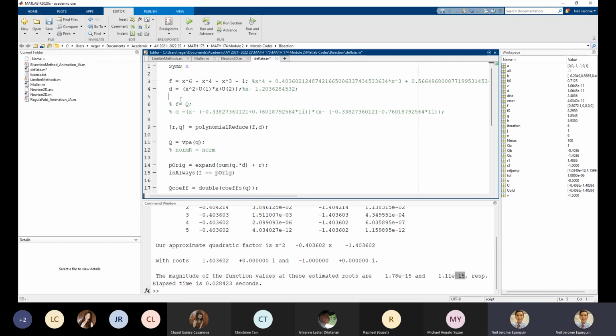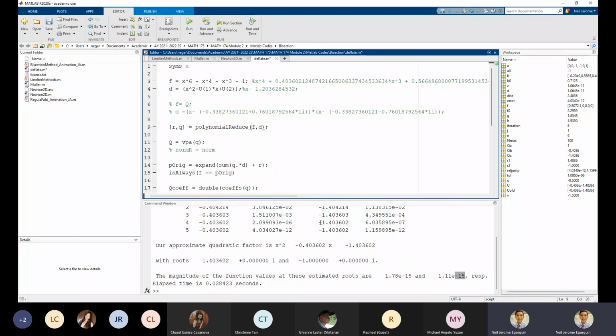Okay. Tapos paano natin ipapagawa kay Matlab yung division? So una, dapat symbolic variable muna. Kaya syms yung ginamit ko. Tapos maganda yung code, ito lang. Gamitin nyo lang tong line number 9. So yung routine ay built-in, ang tawag ay polynomialReduce. So type polynomialReduce, this is case sensitive, small p in polynomial, capital R in reduce, okay? Tapos of what?